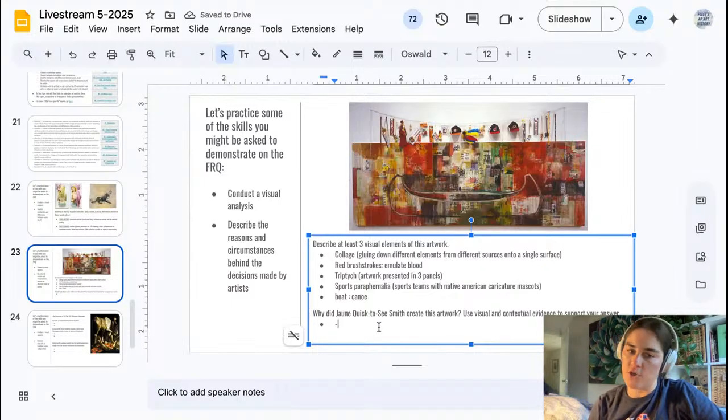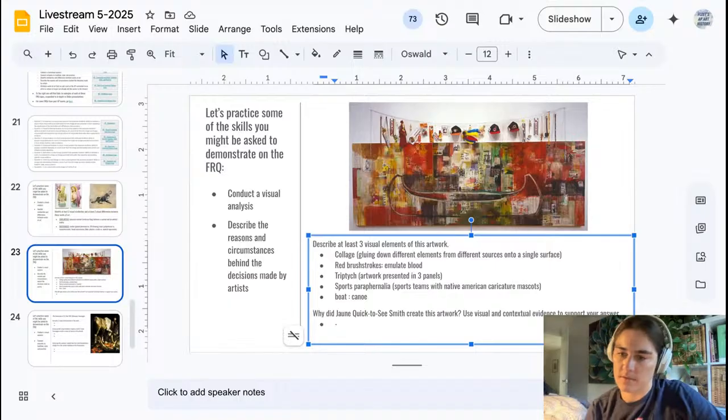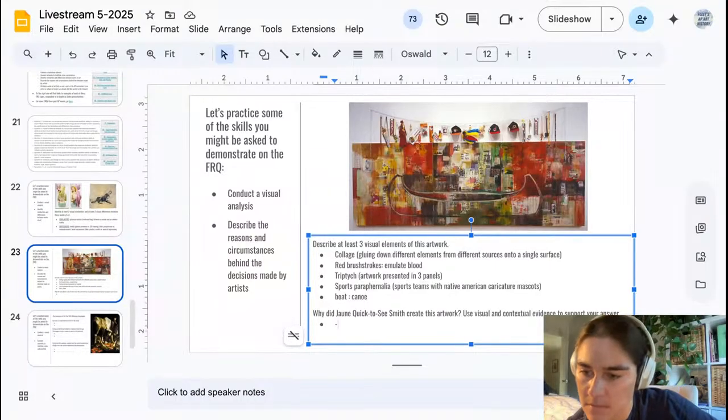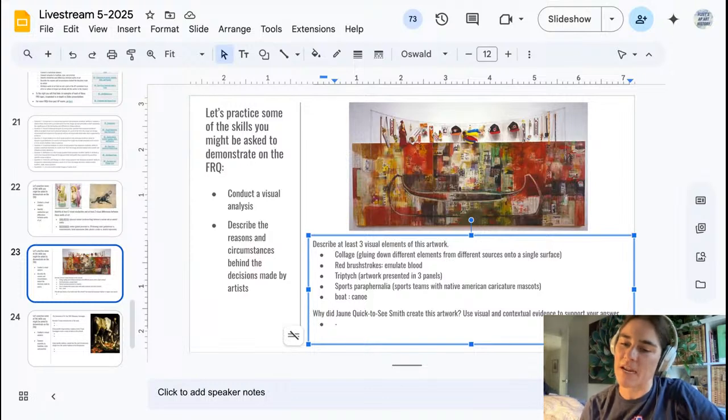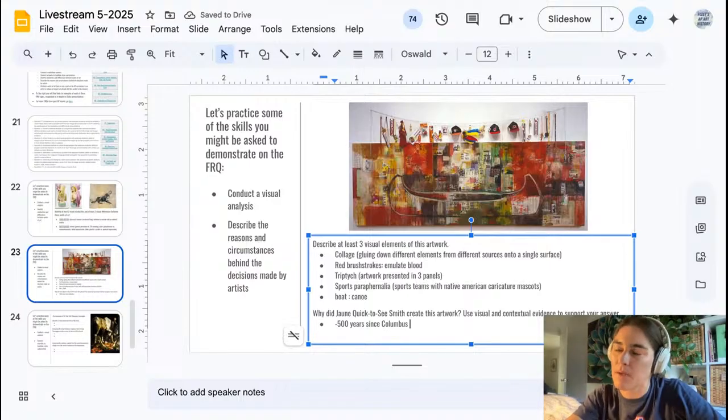So, in terms of why Jean-Michel Basquiat, I mean Jaune Quick-to-See Smith created this artwork, yes, this was part of the quincentenary non-celebration, right? 500 years since Christopher Columbus sailed to the Americas, right? So 500 years since Columbus, and this was being branded as a quincentenary celebration by many people in the Americas.